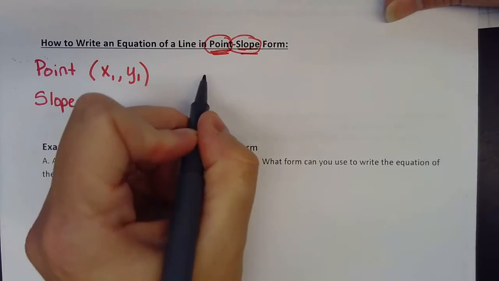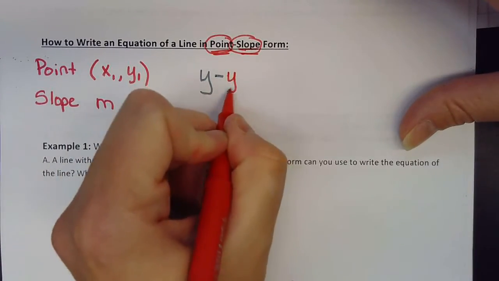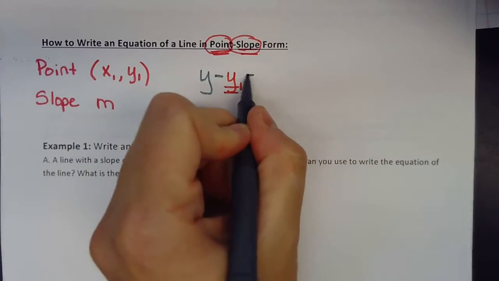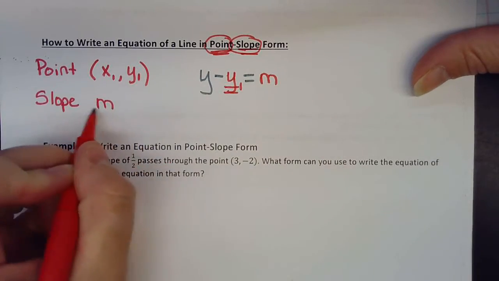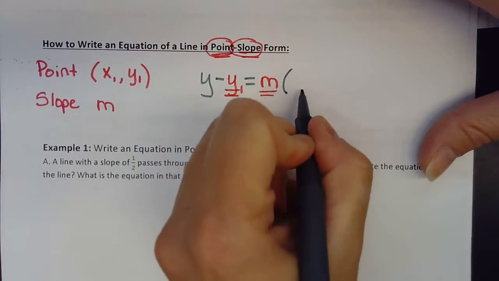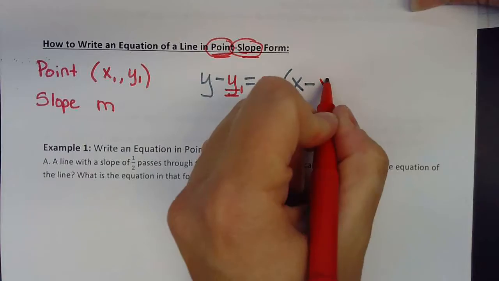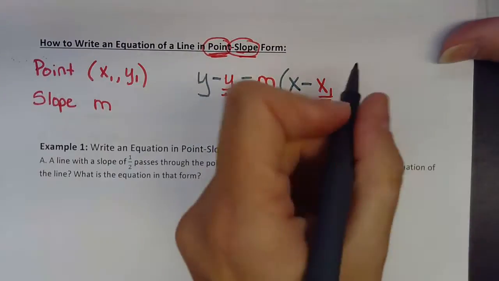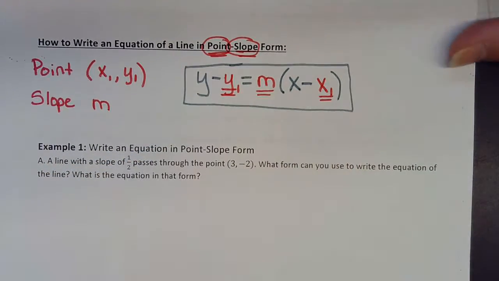So your point slope form is y minus y1, which comes from your point, equals m, which comes from your slope, times parentheses x minus x1. The x1 comes from your point as well. So this is the point slope form of an equation.